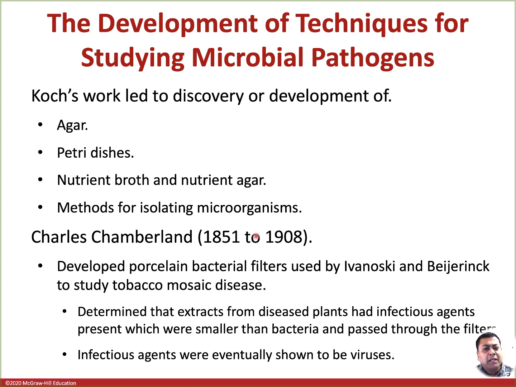These were bacterial filters, and when a contaminated broth was passed through them, the filtrate could not cause disease or spoil the broth. So they were bacteriological filters. But Ivanovsky and Beijerinck found something: they determined that some plants had this infectious agent, the tobacco mosaic plants.